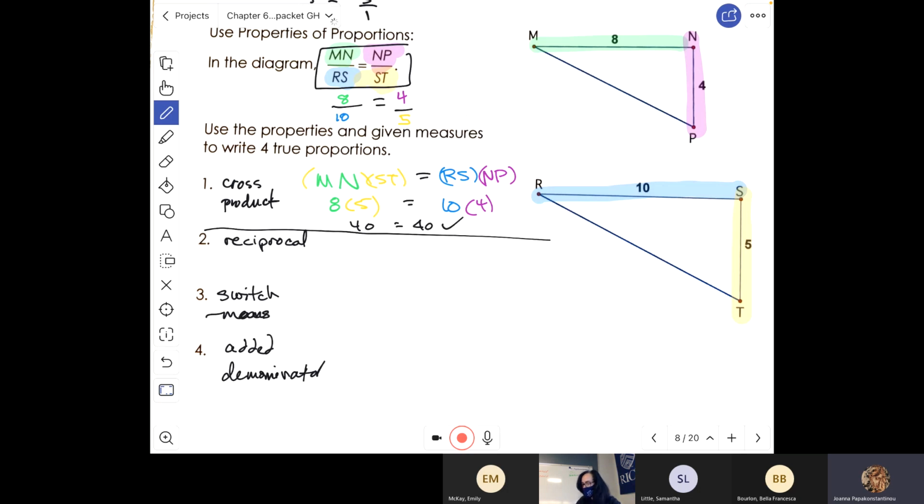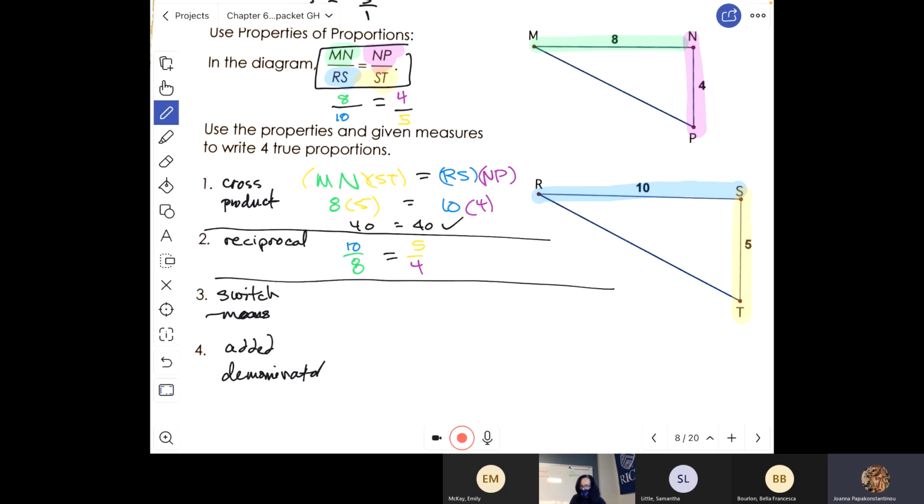What is the reciprocal of the first fraction? 10 over 8. And that's going to equal what? 5 over 4. Beautiful. So we've just demonstrated the reciprocal property.